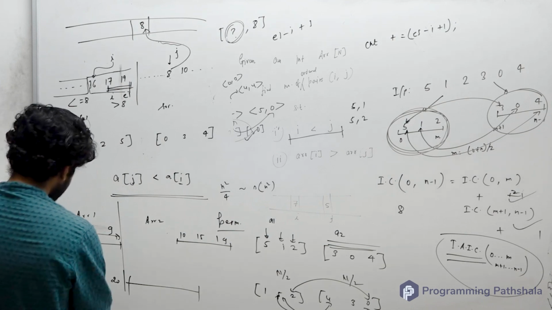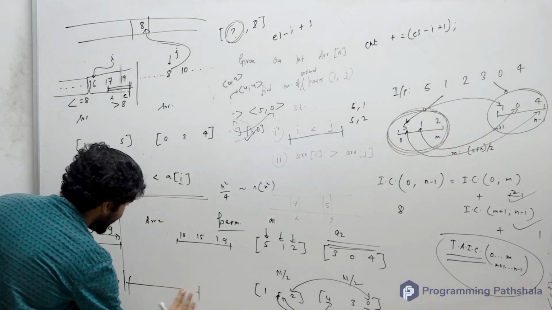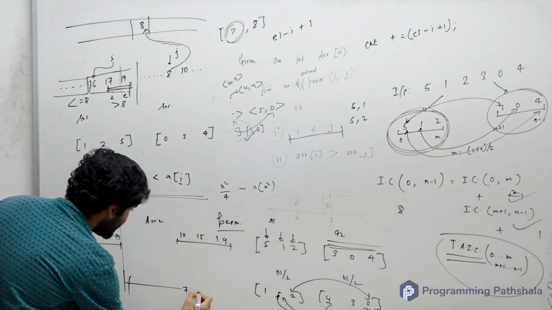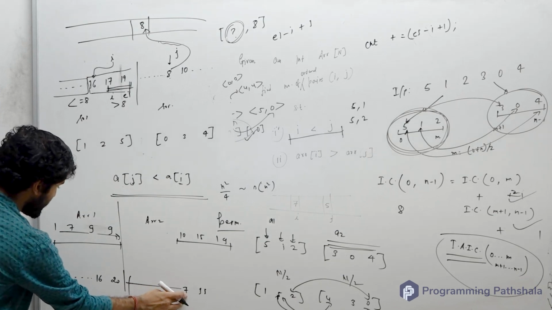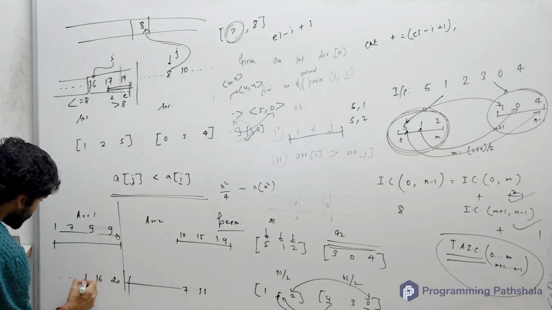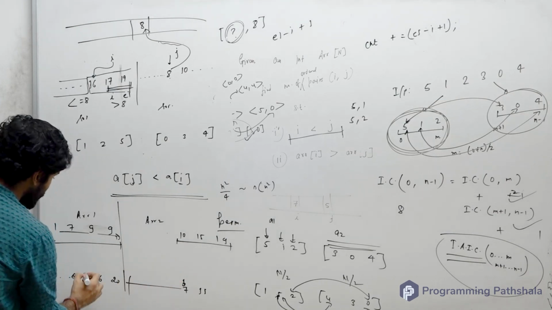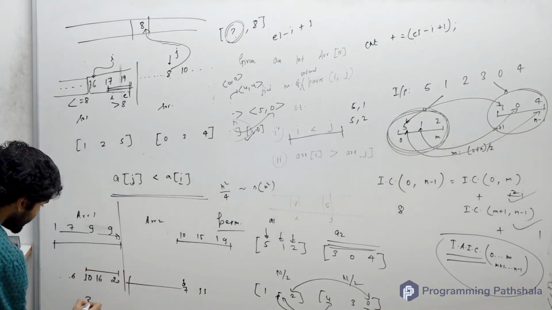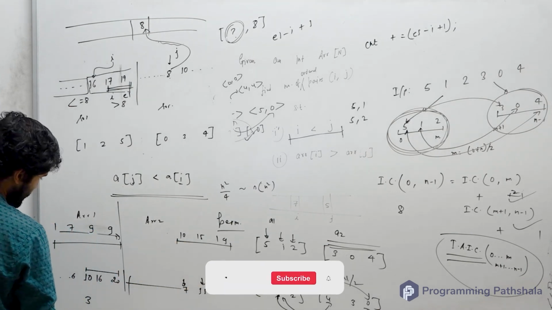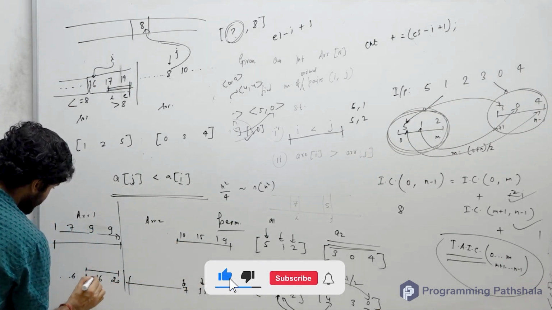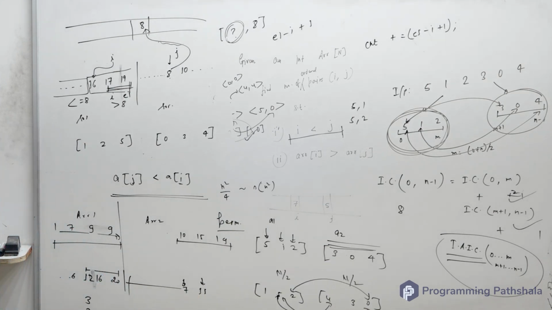Because the reason it happened is because what would have ideally happened? Let's say you had an element 7 over here and an element 11 over here. Okay, so let's say when 7 was over here, you had an element called 10 over here, and then you had 6 over here. So corresponding to this 7, you would have incremented your inversion count by 3 units, and corresponding to this 11 also, so let us consider this was 12, and corresponding to this 11 also, you would have incremented your inversion count by 3 units.